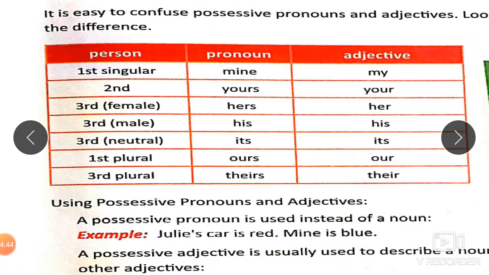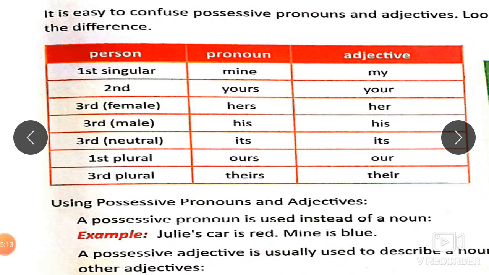So you cannot ever use these words as adjectives or these as pronouns. Hence, whenever in a sentence you are asked to identify a possessive pronoun or a possessive adjective, if you are clear about these words, then you can easily identify the possessive pronoun or the possessive adjective in the correct way without making any mistake.